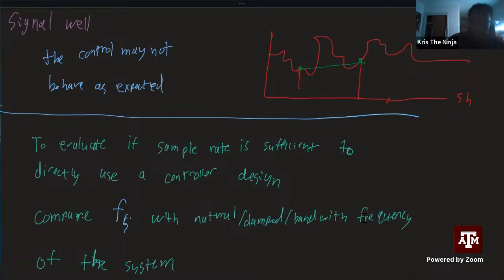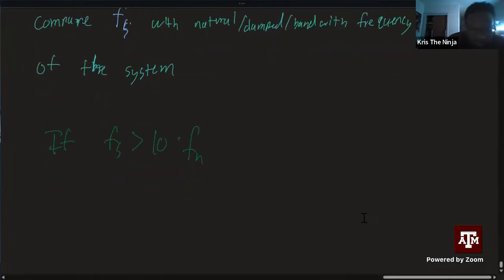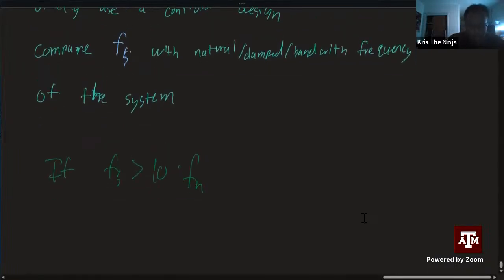As a good rule of thumb, if the sample frequency is 10 times the natural frequency, we'll call it FM, a continuous domain design is feasible.